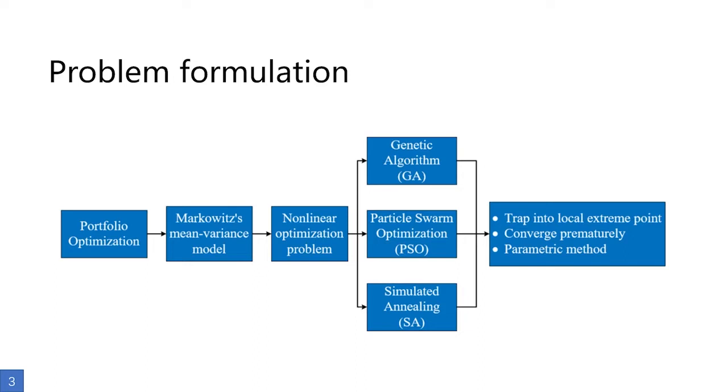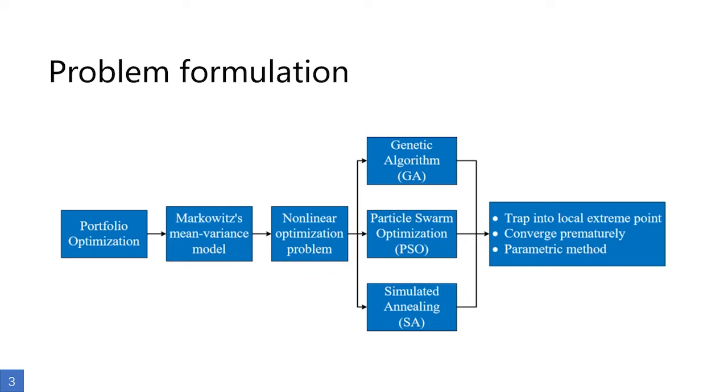Heuristic algorithms are popularly used to solve nonlinear optimization problems. Genetic algorithm, particle swarm optimization, and simulated annealing have been widely applied in solving portfolio optimization problems.